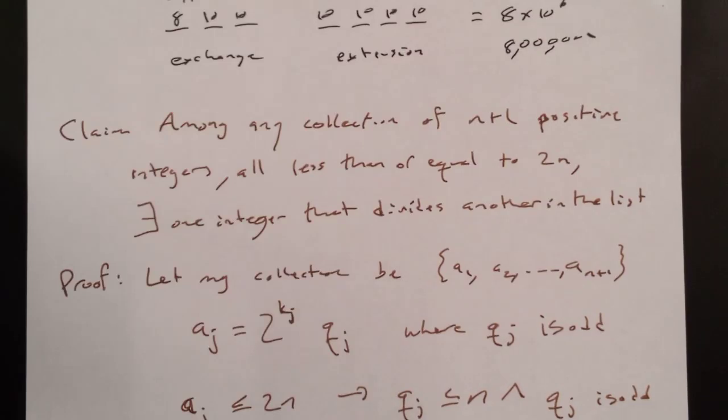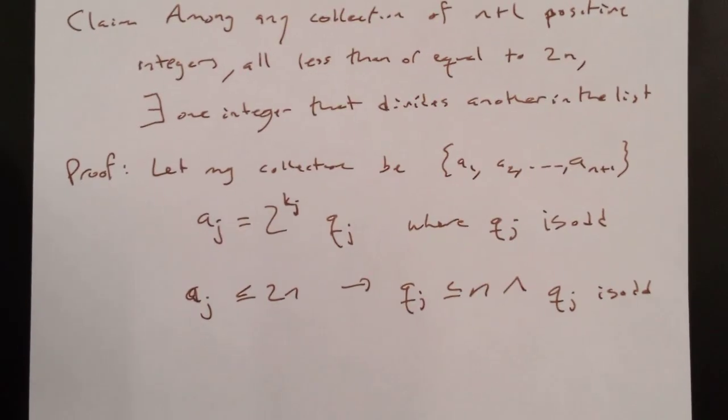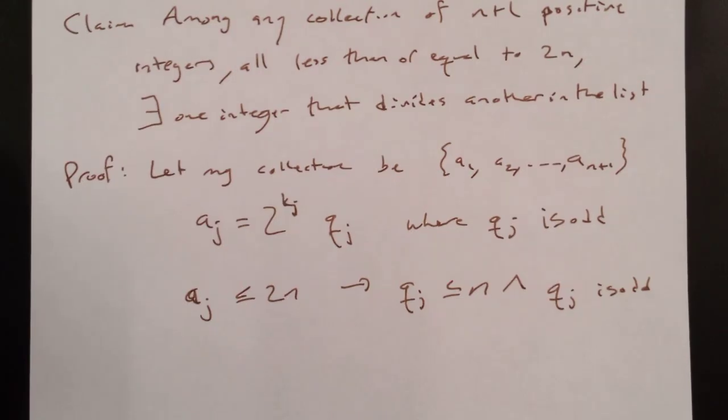The following is a stupid sounding question. How many odd numbers less than 10? How many odd numbers less than 30? How many odd numbers less than 2n? Less than 2n is n, right?